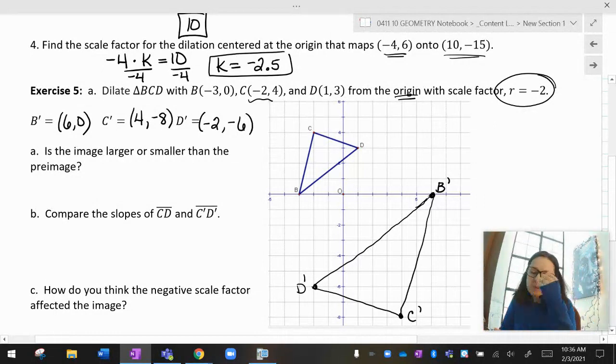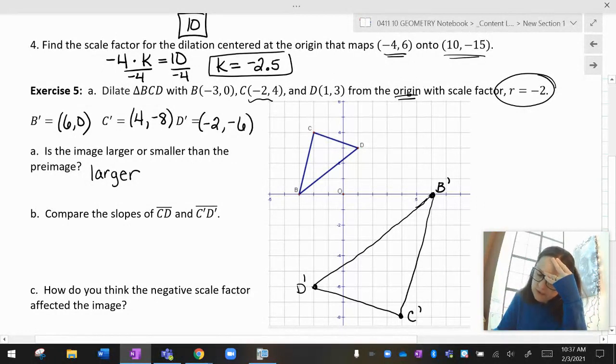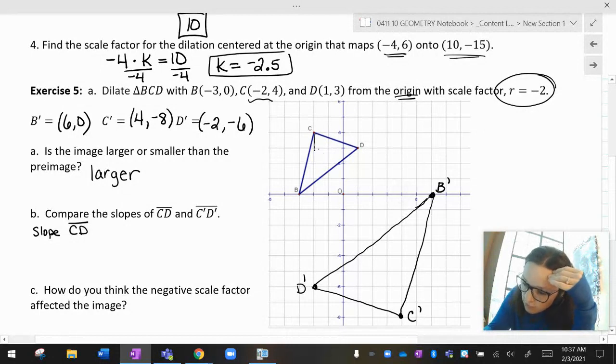Okay. Is the image larger or smaller than the pre-image? Well, the new one I drew is definitely larger. Compare the slopes of CD and C prime D prime. Okay, so the slope of CD is rise over run. So from C to D, I went down 1, right 3.